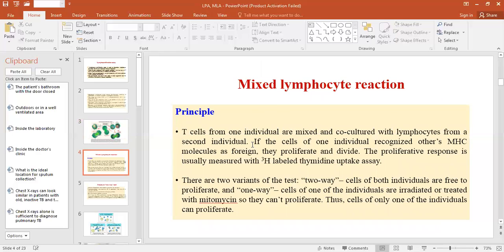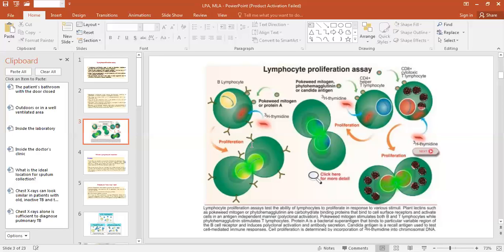Here we have to use the cells, and some precautions should be taken when we are performing this lymphocyte proliferation assay. We cannot open the plate or the tube containing the cells as well as the medium, and the boxes that contain the pipette tips should be sterilized.